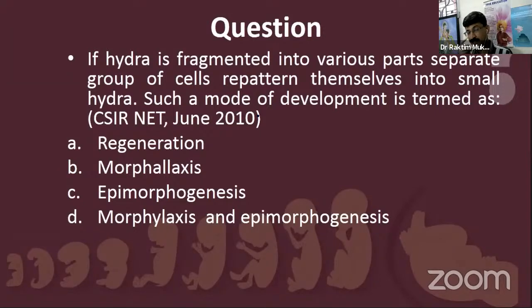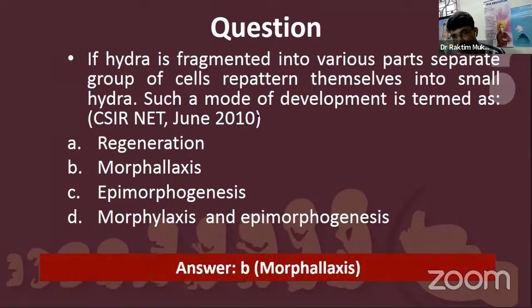Which will be your right answer? Yes, this was a pretty simple question. Most of you are answering B. Yes, you are absolutely correct. The right answer is option B, that is morphallaxis.